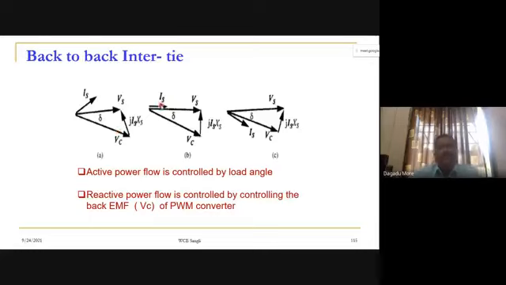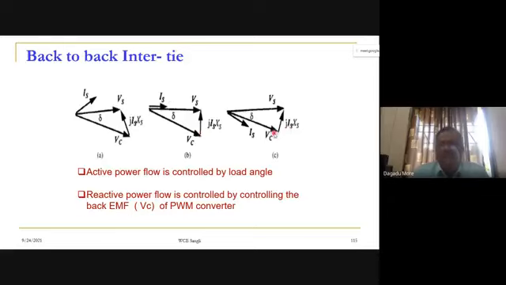Now if I increase the amplitude of VC, we have seen the X_S drop will be 90 degrees to this VS, and our Is will be lagging by 90 degrees, and this operation we can call unity power factor.